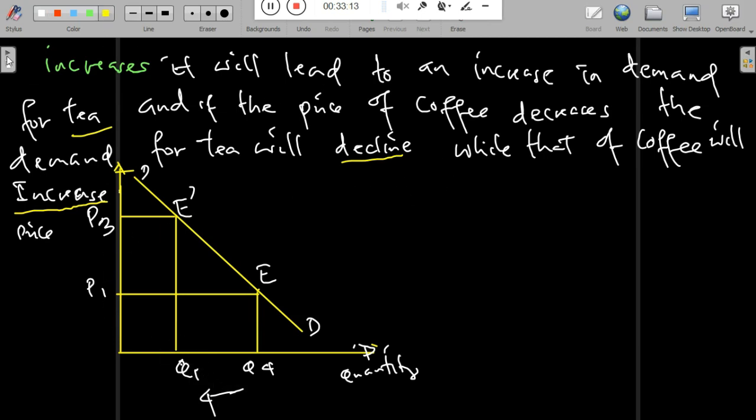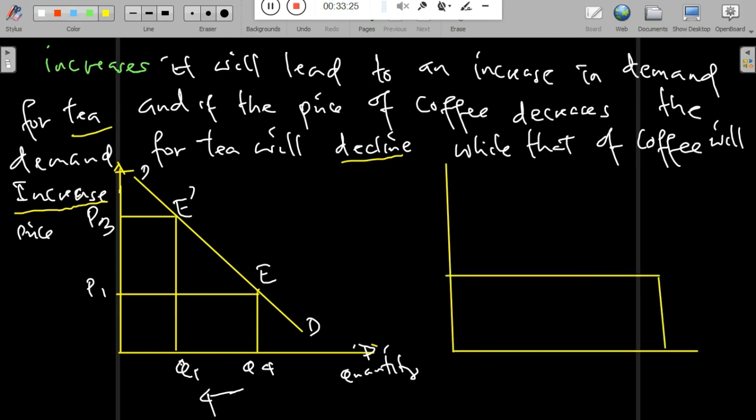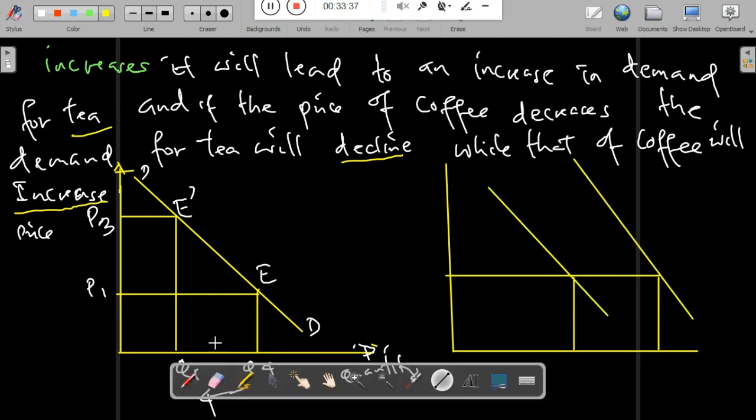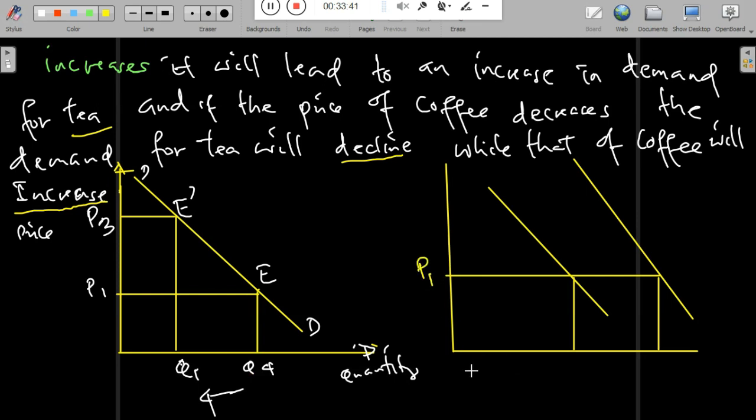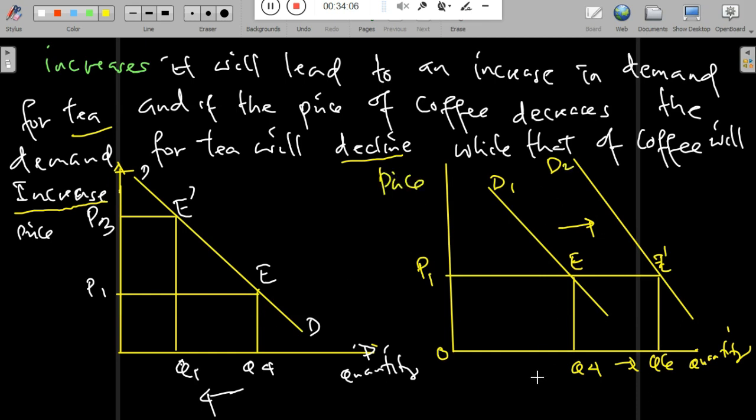So if the price of coffee increases from P1 to P3, we expect the quantity to decrease from Q4 to Q1. This means that if the quantity of coffee decreases, people now will shift to the right hand side graph, that is of tea. This means that people will increase consumption of tea from Q4 to Q6, because the price of tea is constant at P1, as you can observe.